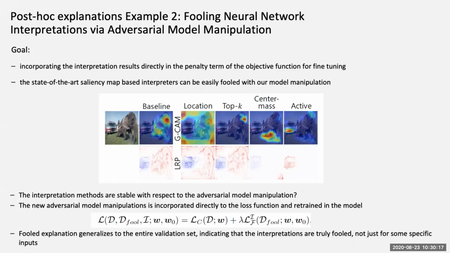Based on the results here, we can see that for the location-based perturbation and adversarial manipulation, the GCAM is actually fooled by such adversarial manipulation. However, the LRP method is not fooled here because, for the perturbation of the data, it still can differentiate elephant from the bus.